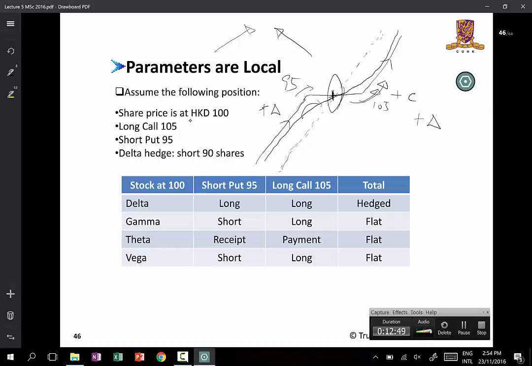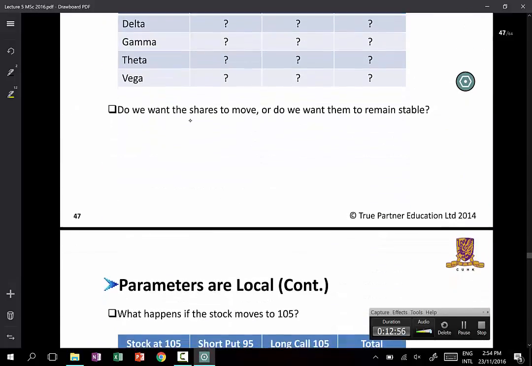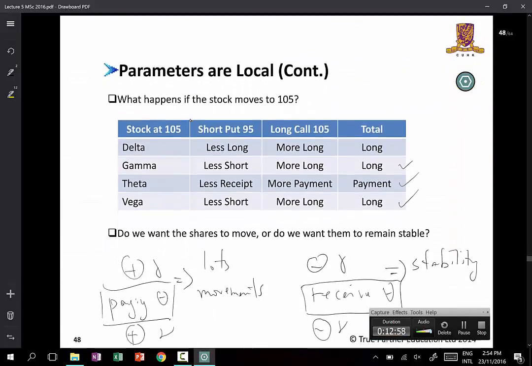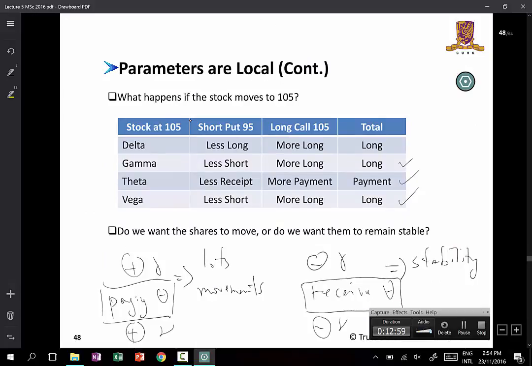Now the question is, if you move to 105, if you look a couple of slides later, it says that here you are more long, which is to say your long call delta has gone up. It really has.